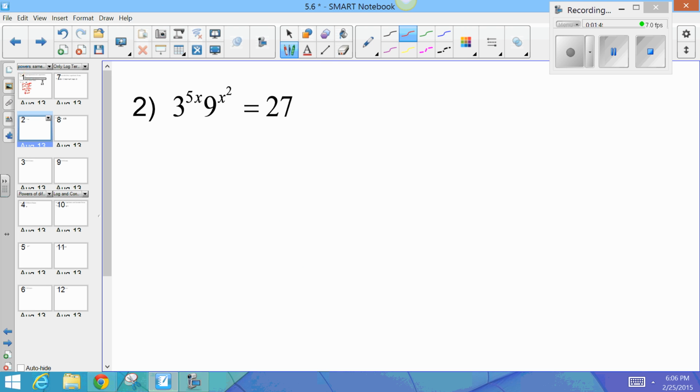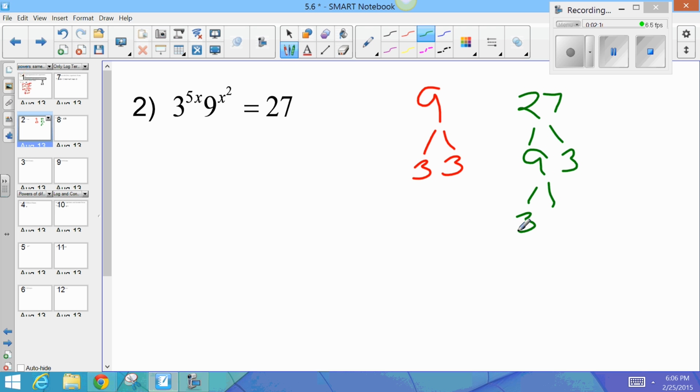Okay. So I've got a 3, a 9, and a 27 as my bases. And again, let's just rewrite them. So 9 is equal to 3 squared, which we already said. 27 is equal to 9 times 3, and 3 times 3, so 27 is 3 cubed.